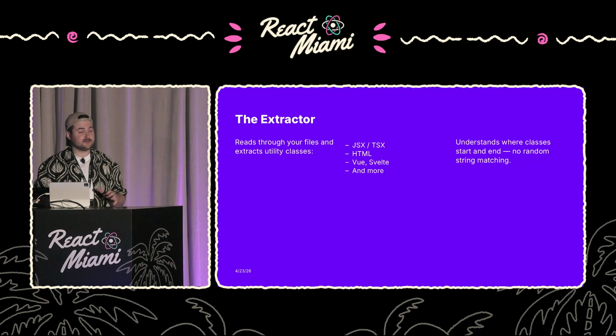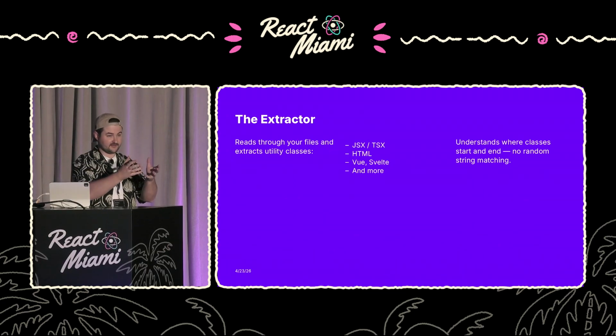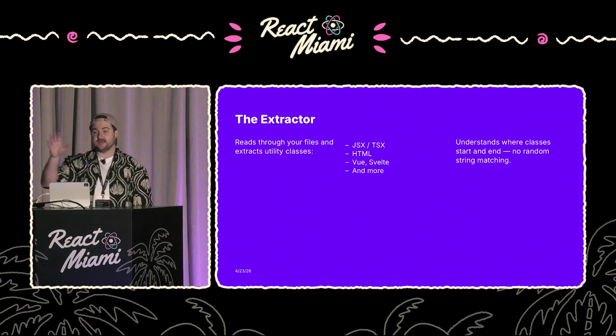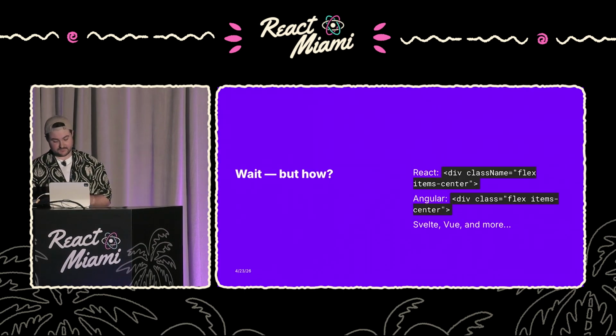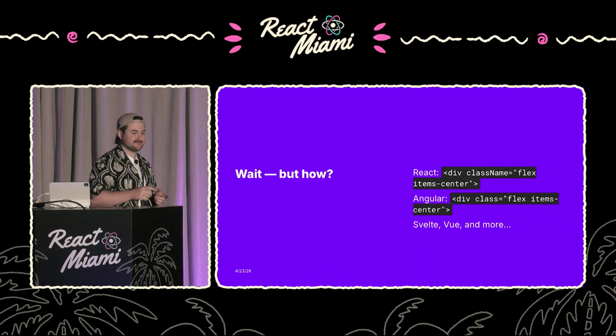Okay, back to content collection and class discovery. So after the scanner has identified, yep, here's a file, I think it has a utility class, it hands it off to the extractor, which will read through your JSX, your HTML, your Vue file, whatever it is, and it will pull out that utility class. But think about this.